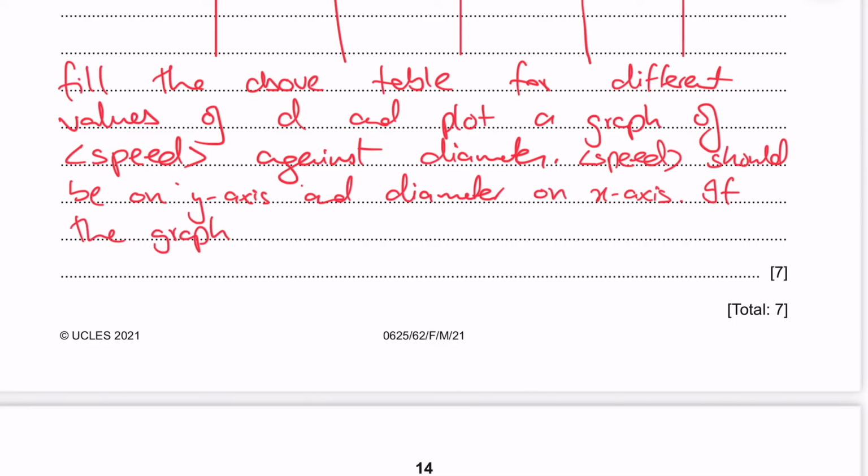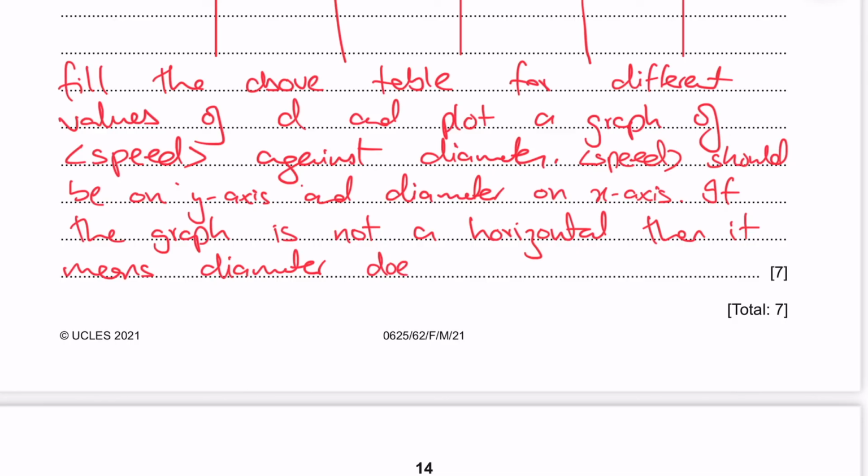If the graph is not a horizontal line, then it means the diameter does affect the average speed, or you can write a reverse argument.